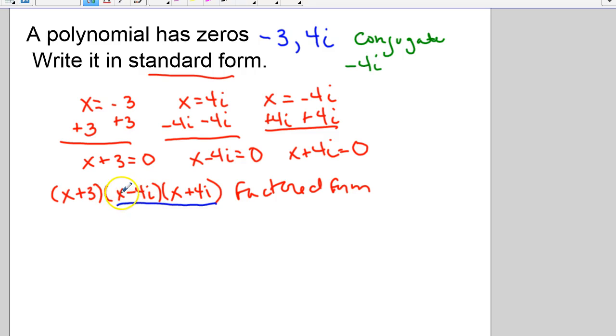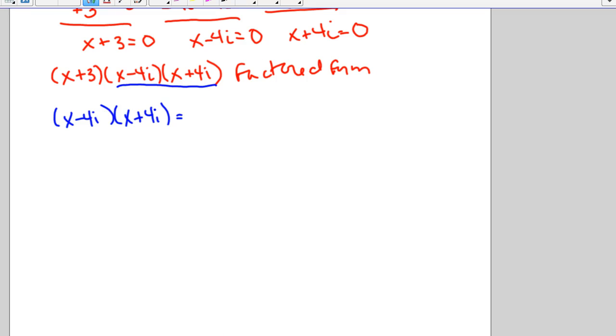So we're going to multiply out the x minus 4i times x plus 4i first, for a very important reason. When I do this multiplication, I get x squared, and then a positive 4i, and then a negative 4i, and then a minus 16i squared.